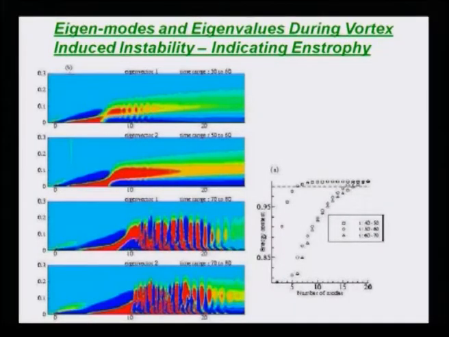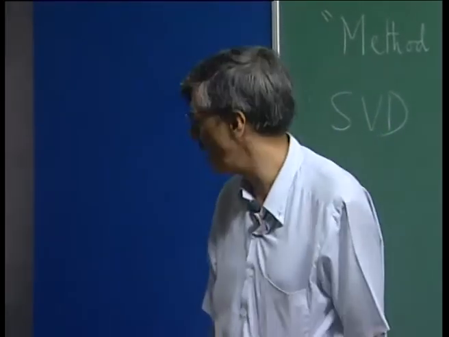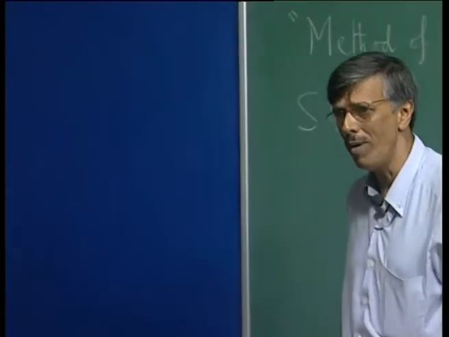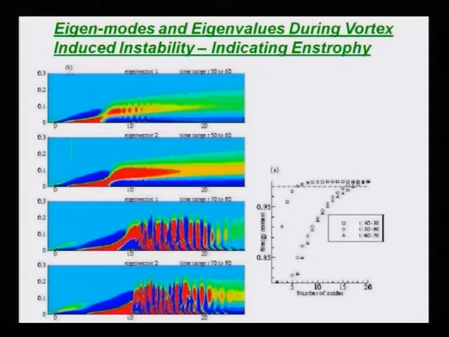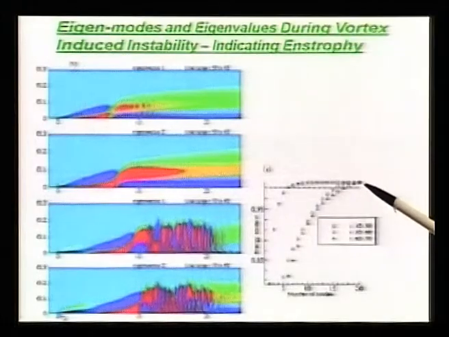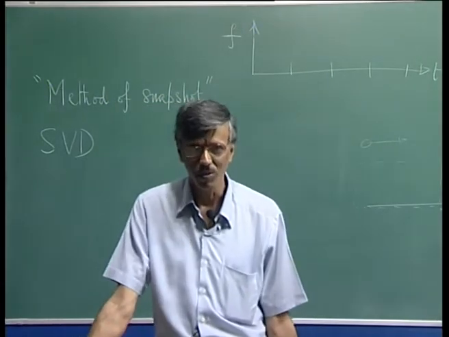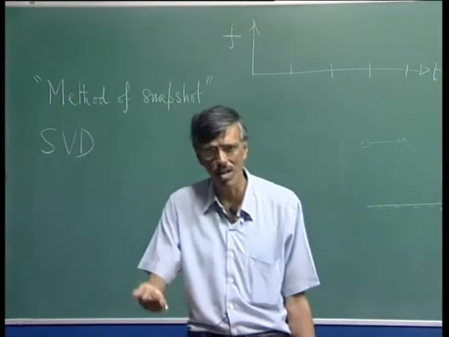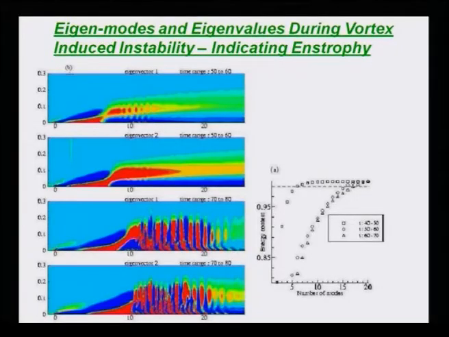So, although we are talking about a physical domain of having very large number of modes, method of snapshots reduces those by converting it into only 21 modes. The number of frames determines the number of modes. So, you understand why I emphasize the method of snapshots by Sirovich.